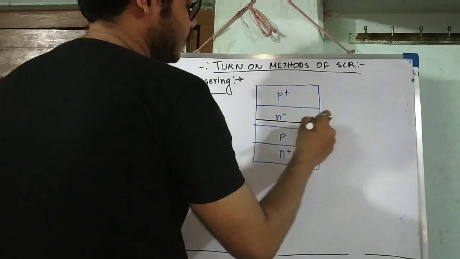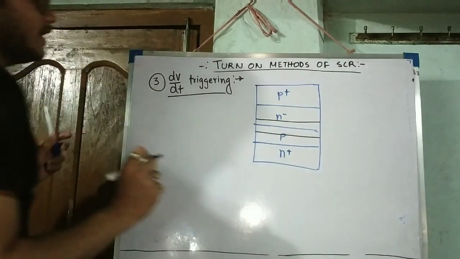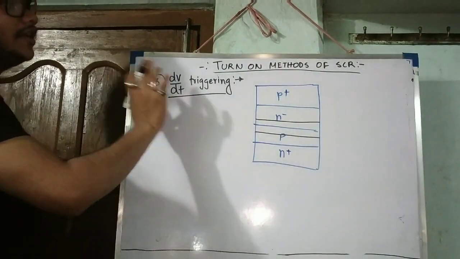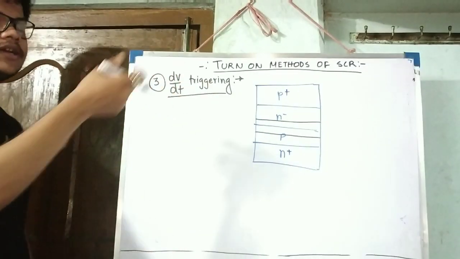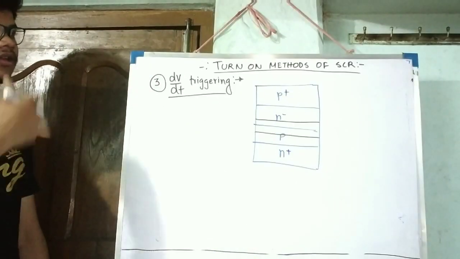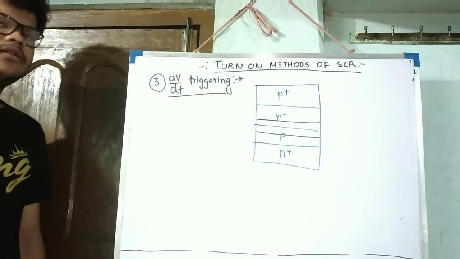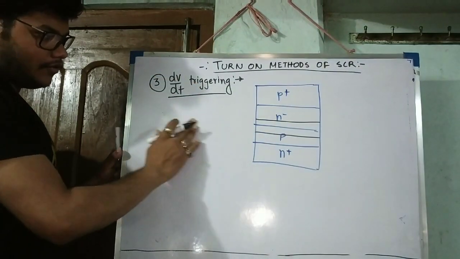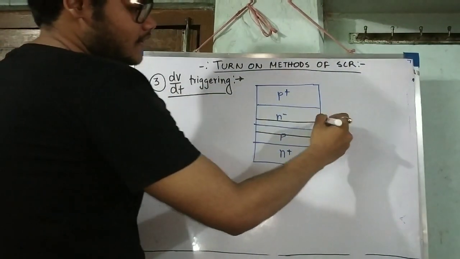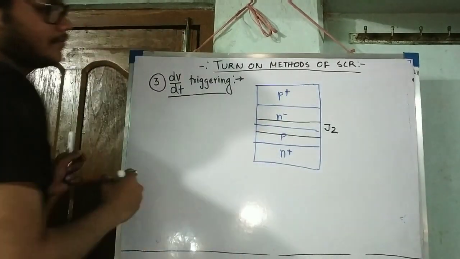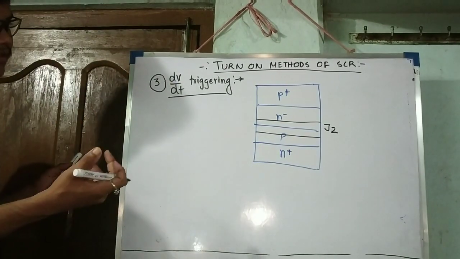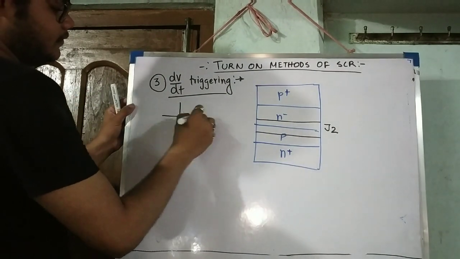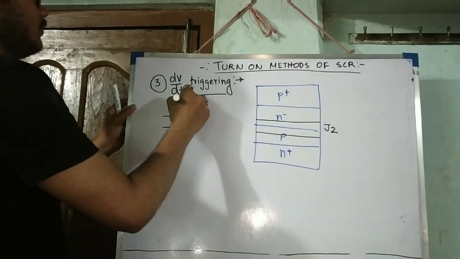In all the triggering methods, the SCR must be in forward blocking mode, because if the SCR is in reverse bias condition and you trigger the gate terminal, a massacre will happen. So in the forward blocking mode, this is the J2 junction, and any junction which is in reverse bias can be considered as a capacitor. Yes or no?